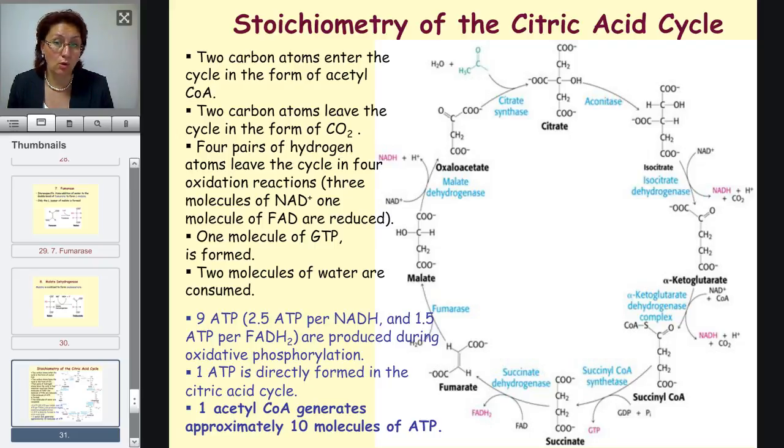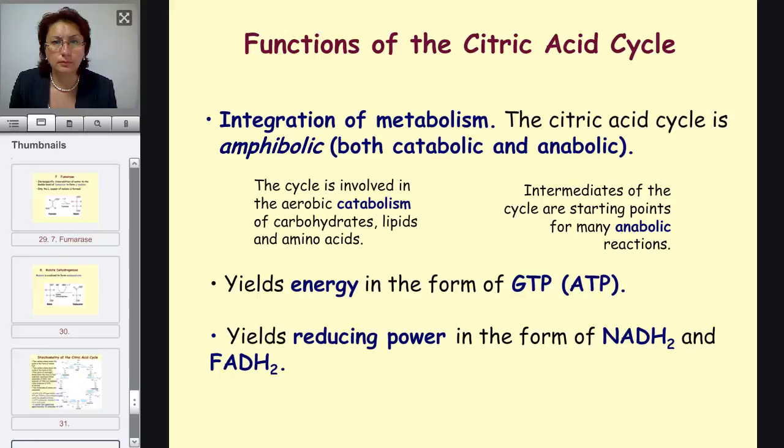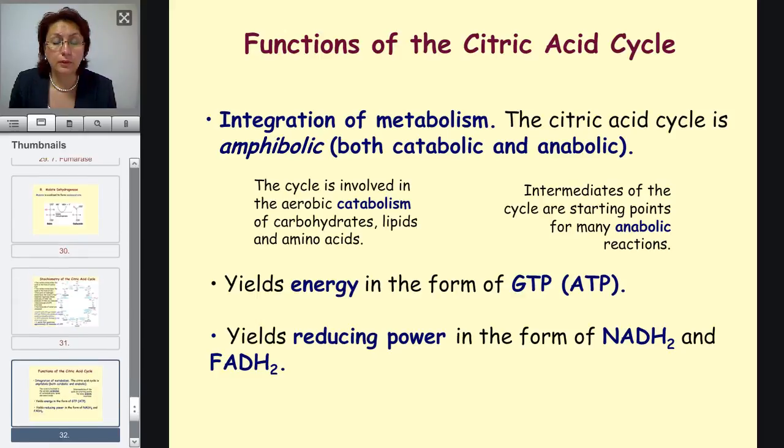Energetic balance of the citric acid cycle: 9 molecules of ATP are produced during oxidative phosphorylation. 1 molecule of ATP is directly formed in the citric acid cycle by the substrate-level phosphorylation reaction. So the energetic balance of the total citric acid cycle is 10 molecules of ATP. Function of the citric acid cycle. First, integration of metabolism.